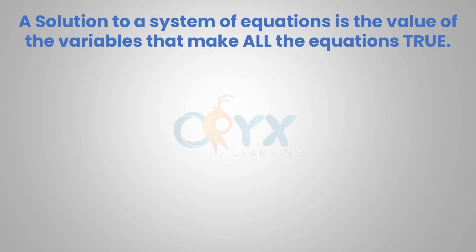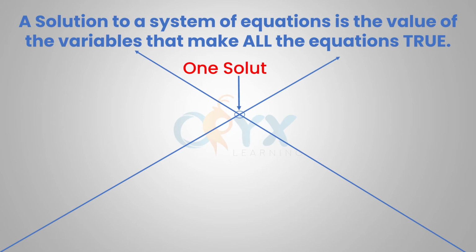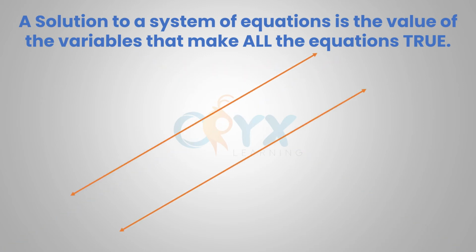There are three options for a solution to a system, the first being one solution. If the two lines intersect at exactly one point, that point is the solution and there is one solution. Two lines that do not intersect, or parallel lines, will always have no solution.